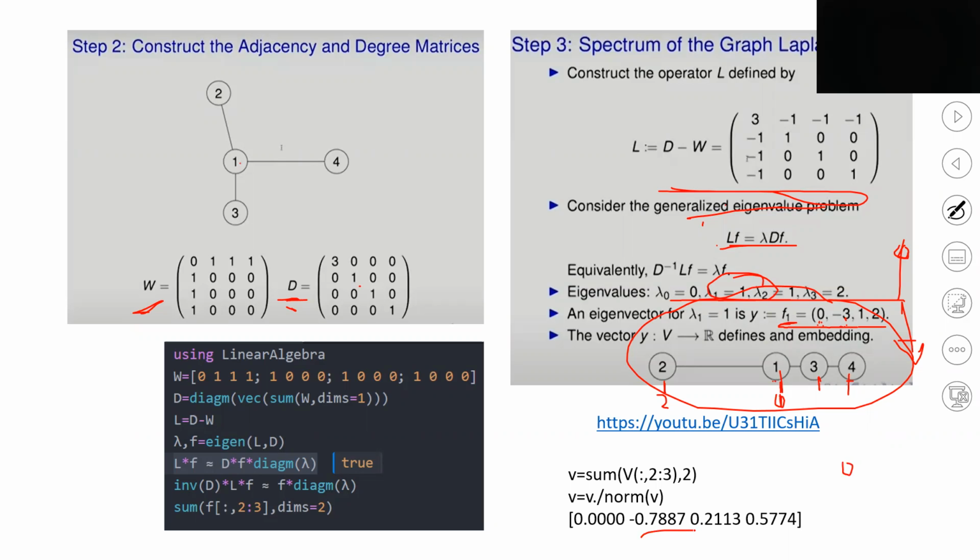The second, which is node number 2, is minus 0.7 somewhere here. And the third position, 0.2. First position, 0.5. Yeah, but numerically it's not identical, but the general position is fine.